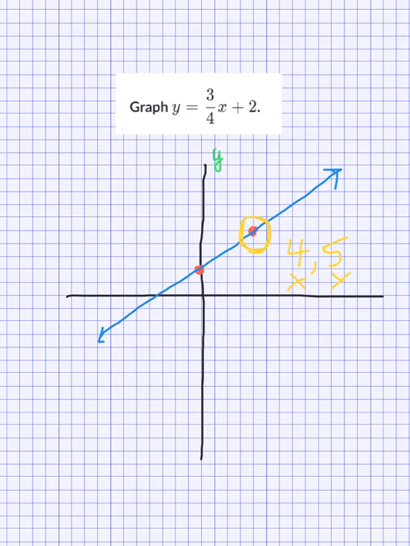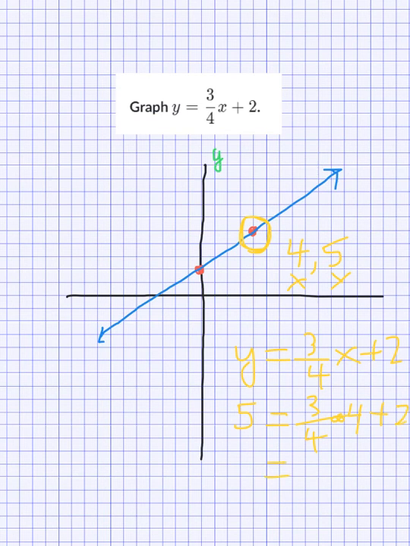I'm going to take that information, this ordered pair, and I'm going to put it into my equation. So my equation is y equals 3/4 x plus 2. X is equal to 4, y is equal to 5, so this becomes 5 equals 3/4 times 4 plus 2.